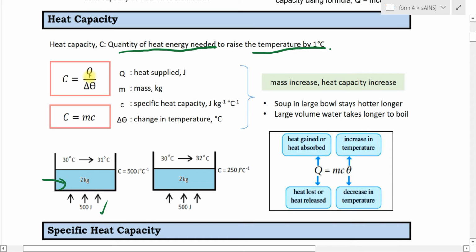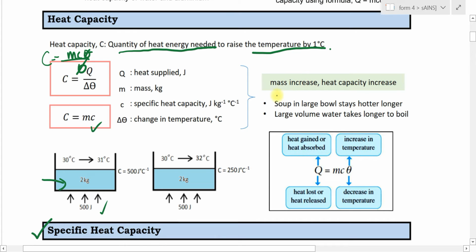Q tu sebenarnya dia ada formula mc theta. So, mc theta over theta, theta cut. So, dia akan jadi mc lah. Baik, sebenarnya heat capacity tu not play really important role. The main thing we want to learn is a specific heat capacity.